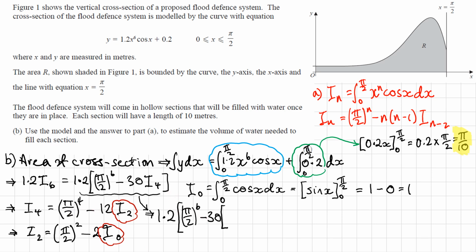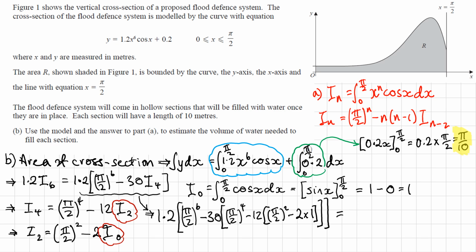That's pi over 2 to the power 4 minus 12 I2. Okay, so what's I2? It's pi over 2 squared minus 2 I0. And what's I0? 1. That's easy enough. Right, so let's close the brackets. You've got those to close, these to close, and then a third set to close. Let's see what all of that gives us.